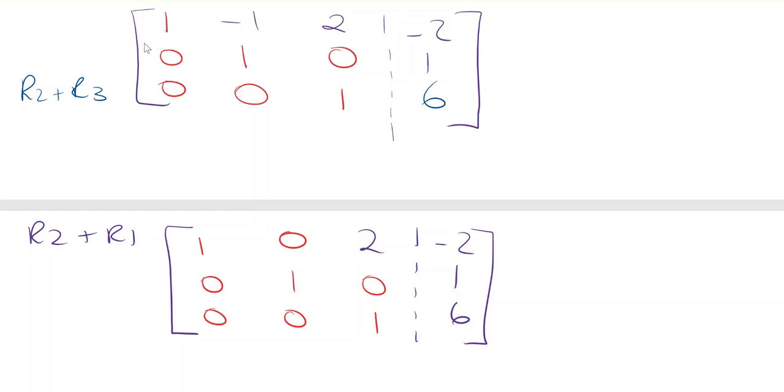Row 2 plus row 1, this is still going to be a 2. And then row 2 plus row 1, this is going to change to a -1.